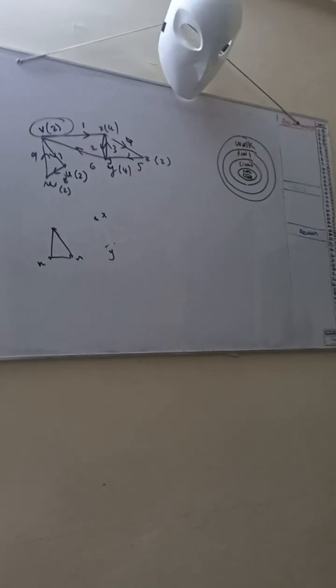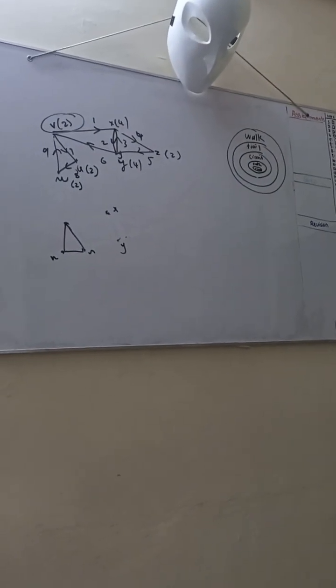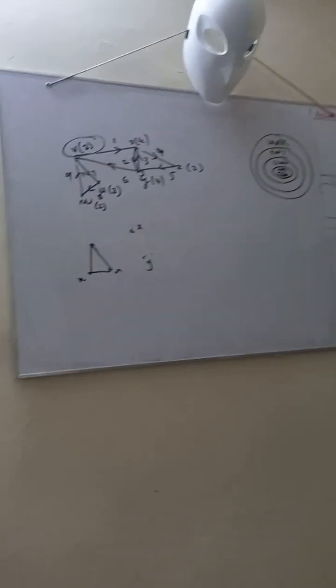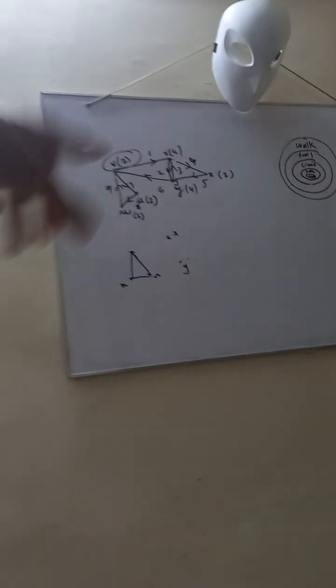So in 9 steps we can traverse the entire graph and get back to our starting point, which is V.